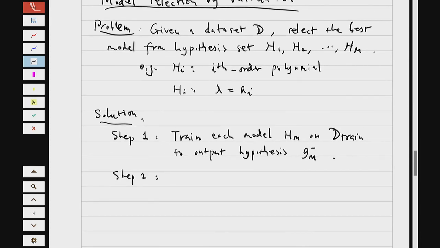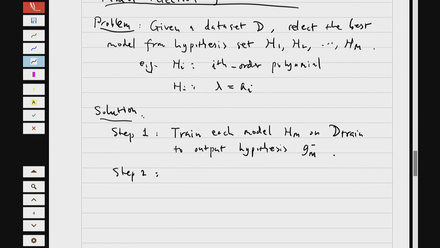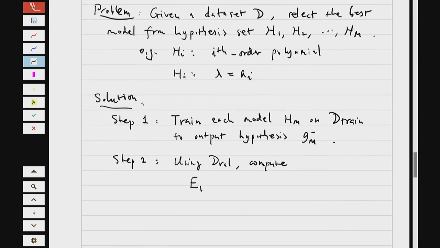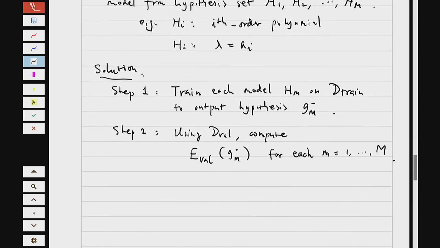Step two, now you check whether these are good hypotheses, right? So you check by using the validation data points, using Dval. Compute the validation error for each one of these GM minus, for each M. And of course, then after that, you select the best one among these.